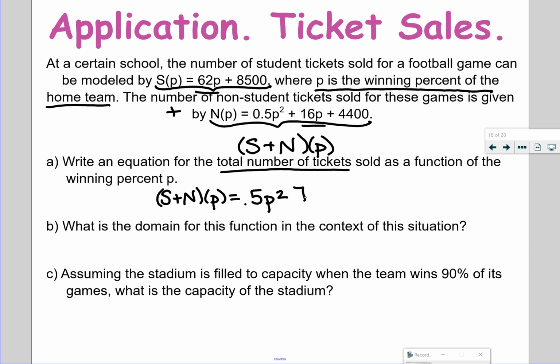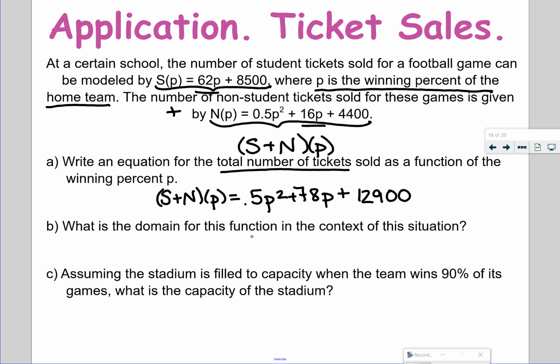That gives me a 78P. And then I have 8,500 plus 4,400. Got a weird number in my calculator. There we go. 12,900.